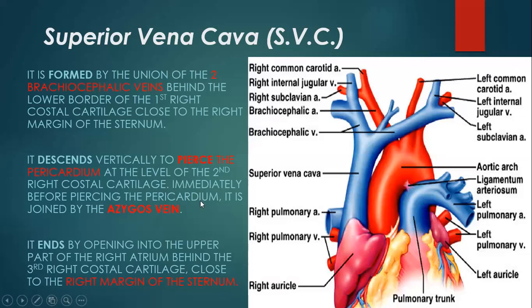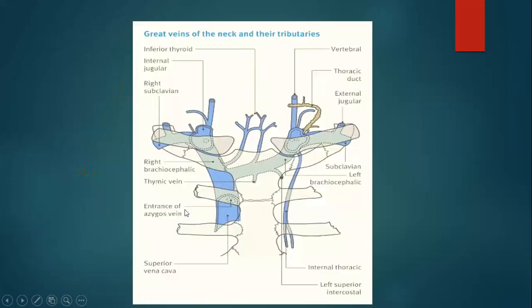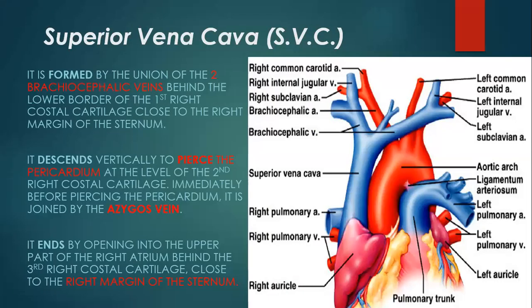Immediately before piercing the pericardium, it is joined by a vein called the azygos vein, a very important vein. If you see here, this is the entrance of the azygos vein. They have shown the entrance of the azygos vein. I think in the previous classes I had shown you the azygos vein, the hemiazygos, and all those structures.